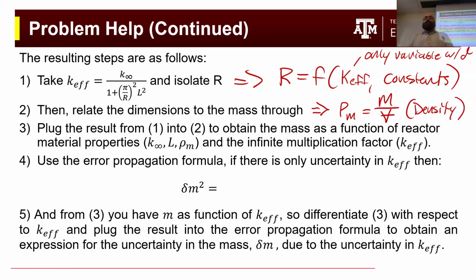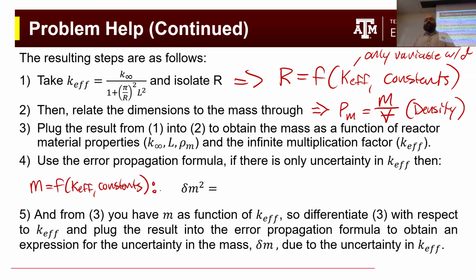And so this is going to give us the mass. Ultimately, if I plug in the density formula or the volume formula in here and move everything to one side, I'm going to have the mass of my sphere as a function of K effective. And from there, I can do error propagation on that mass function. So ultimately what I want to get is mass, which is just a function of K effective and constants.